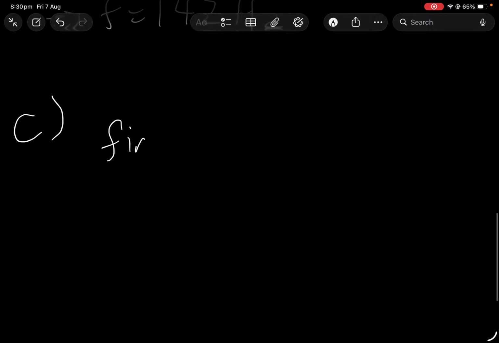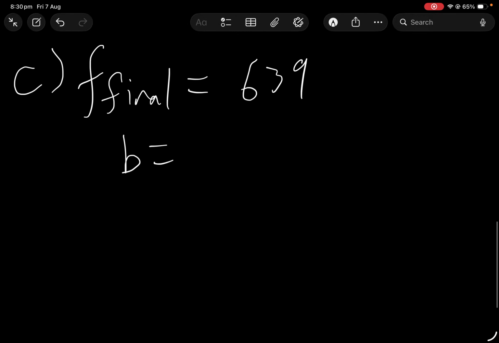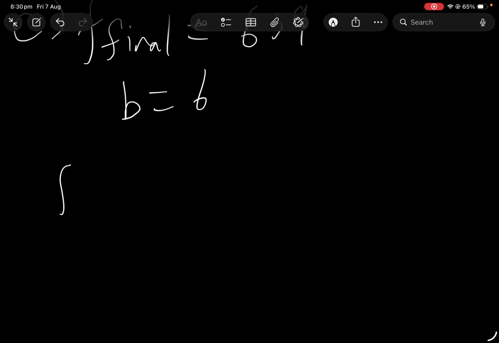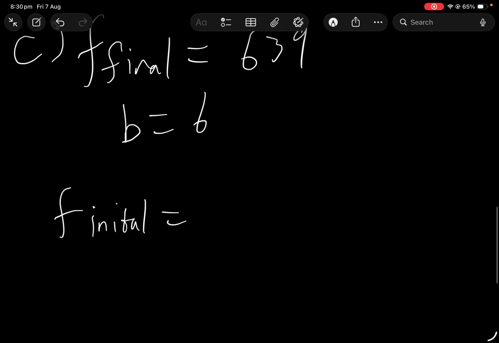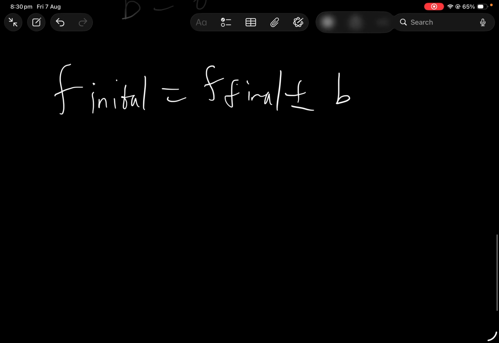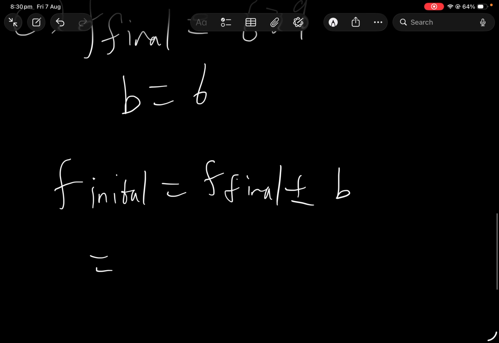So f final equals 639, beats equals 6, and so f initial equals f final plus or minus beats, so that means equals 633 or 645 hertz.